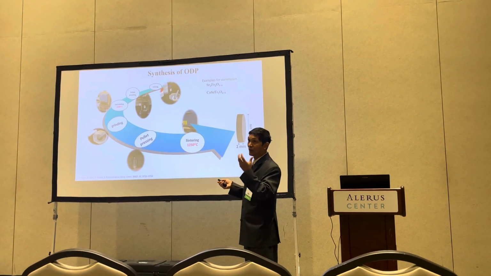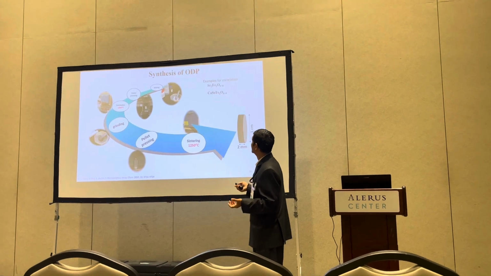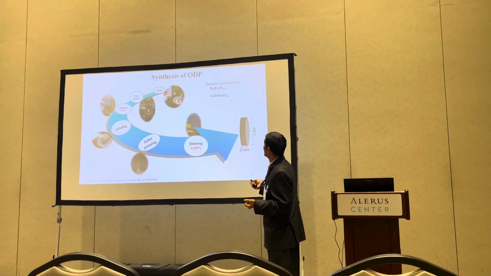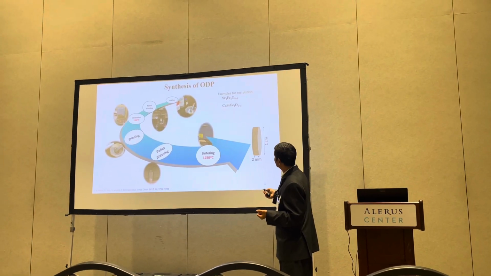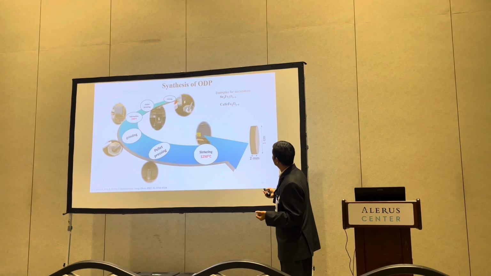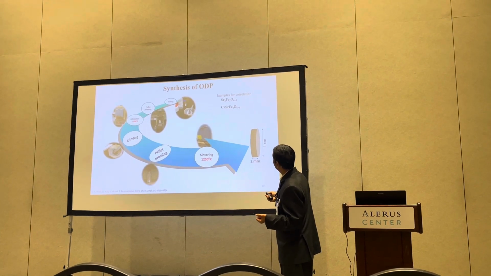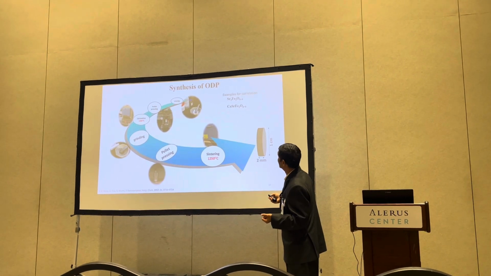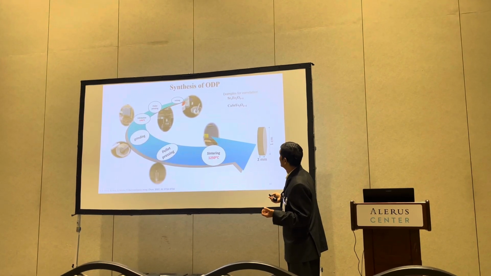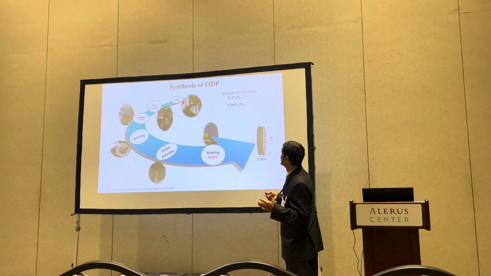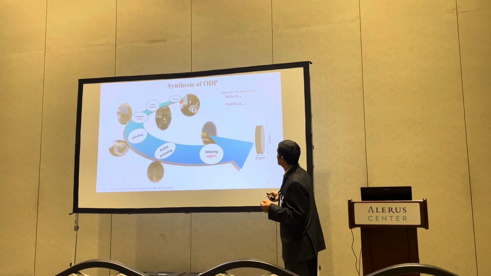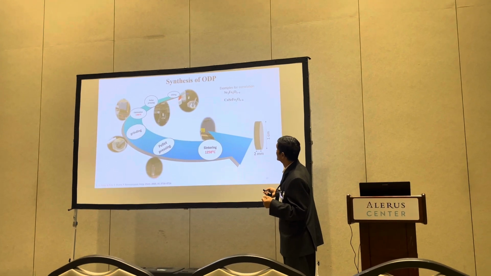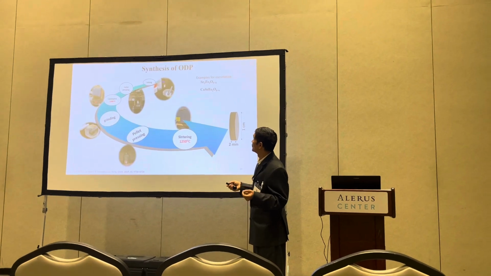As I said, they are all solids, no liquid is used, and they are mixed uniformly in a mortar and pestle, and then it is pelletized here with about 3-ton force or 1.5 megapascal pressure, and then this pellet is calcined at 1000 degrees centigrade for about 24 hours.